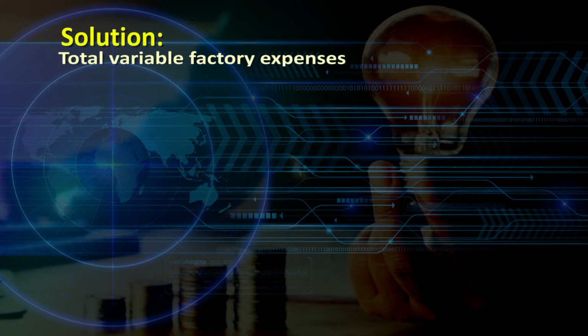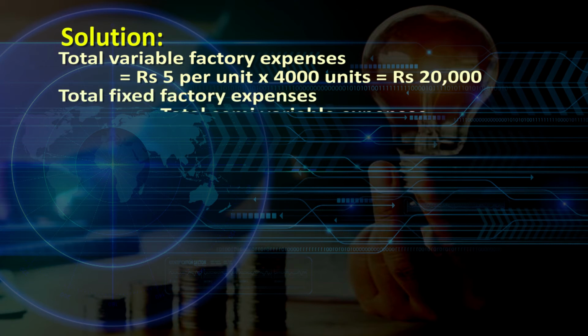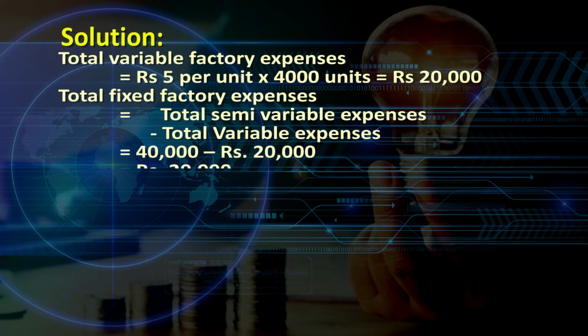Total variable factory expenses therefore will be rupees 5 per unit multiplied by 4,000 units, which is equal to rupees 20,000. Now total fixed factory expenses are equal to total semi-variable expenses minus total variable expenses, which is equal to 40,000 minus 20,000, or say rupees 20,000.